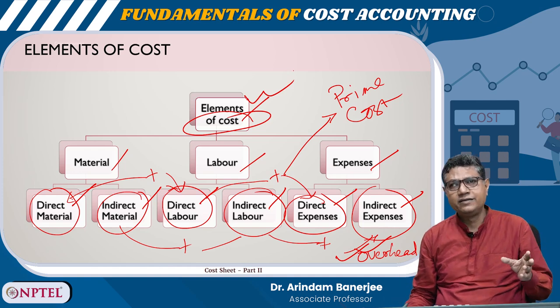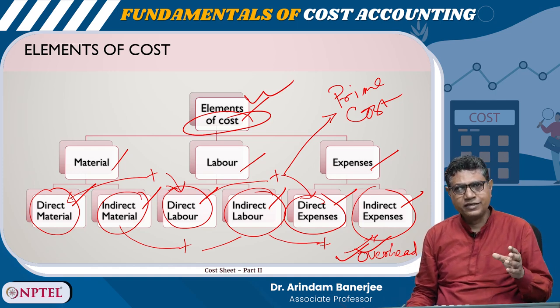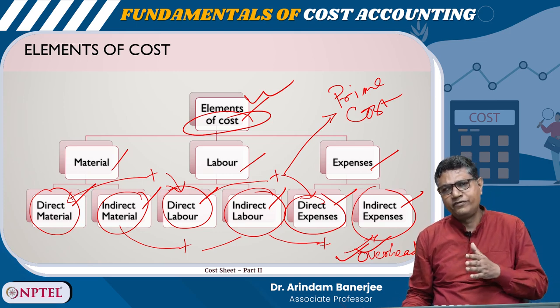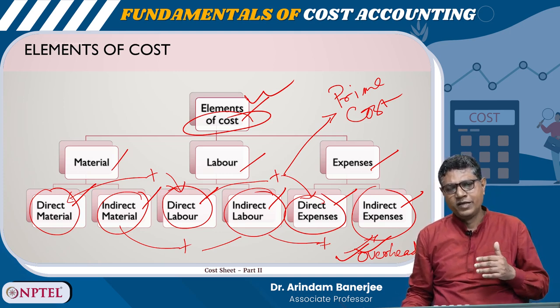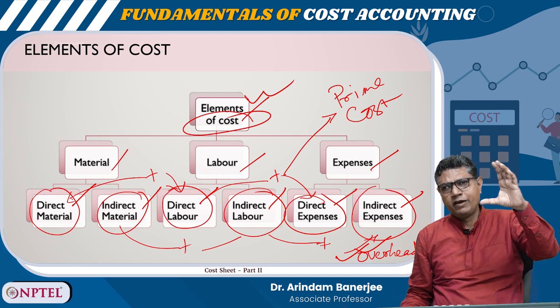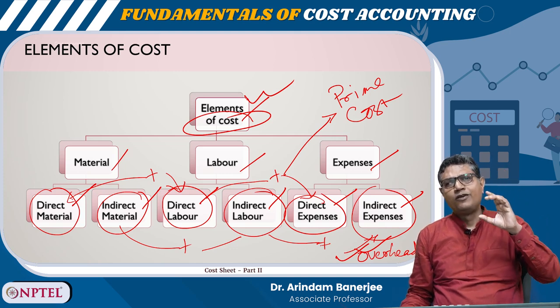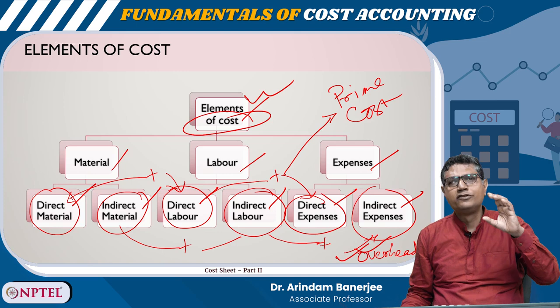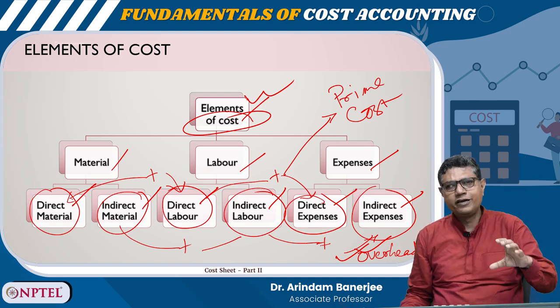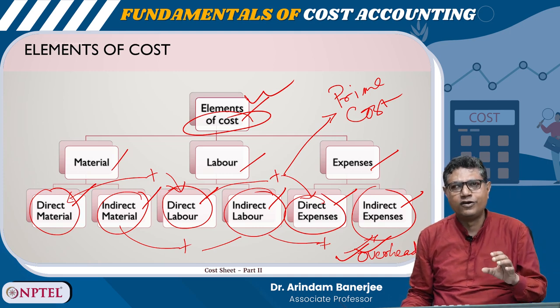Now, as I said earlier, we can define this cost in various ways. This is one way of breaking up the total cost. I can also break it up on the basis of functions, like taking all the manufacturing costs together, then all the selling and distribution costs together, and all administration costs together. That also I can do and calculate the total cost.